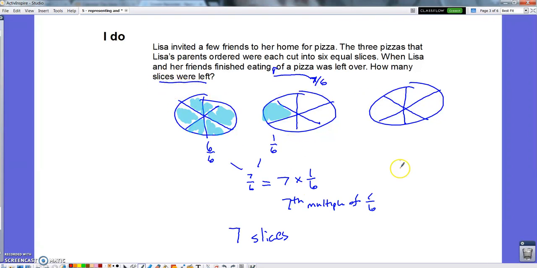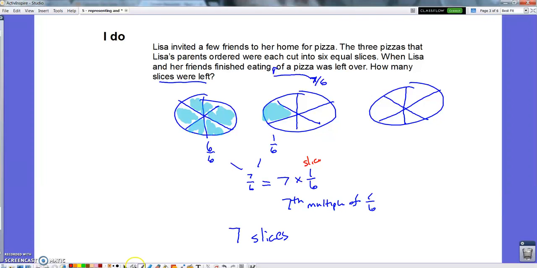Yesterday we drew this with a diagram, drew the pizzas, colored in the parts that were left. And if 7/6 were left, that meant 7 slices were left, because 7/6 is 7 times 1/6. This is a slice here, and that's the 7th multiple of 1/6.